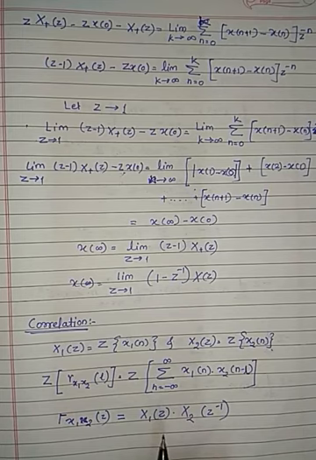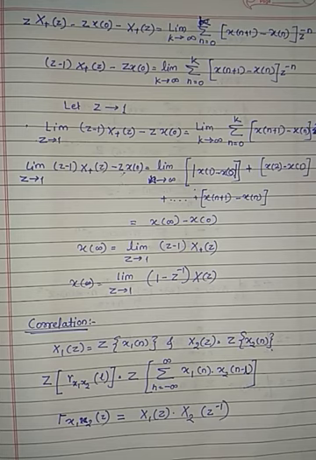In the properties of z transform, we have discussed the different properties like the linearity, the time translation or time shifting, then multiplication by the exponential sequence, time reversal, differentiation property, convolution theorem, then complex convolution theorem, Parseval's theorem, the initial value theorem, the final value theorem, and the correlation property. Okay, so these are the different properties of the Z transform.